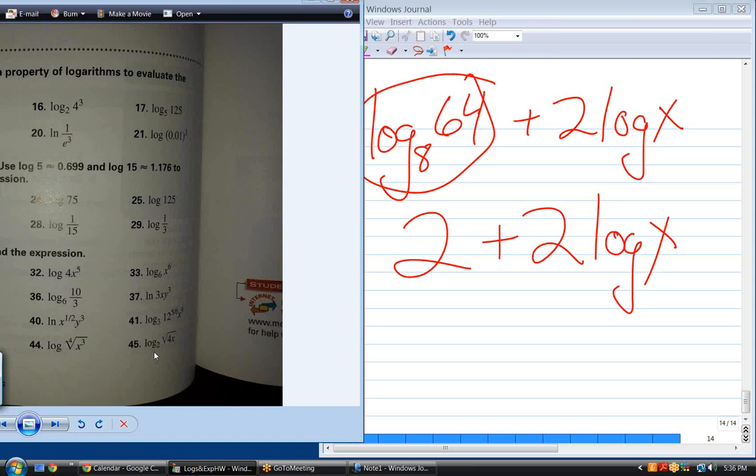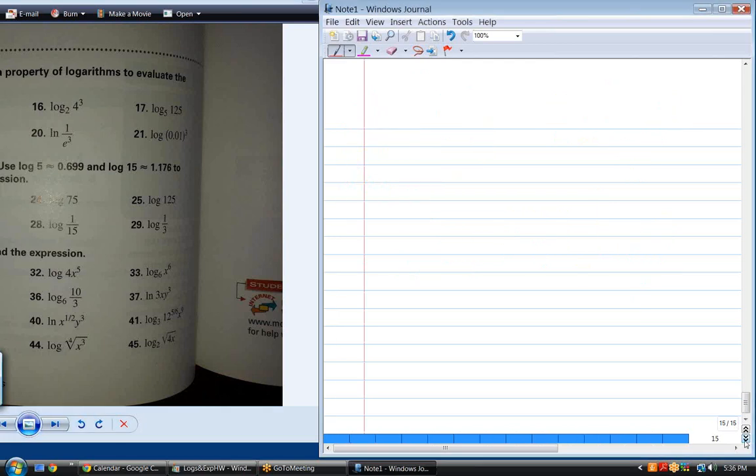Half log 4 plus half log x. Okay, we can simplify that. Let me write, hold on, let me find my cursor here. So, what did you say? You said half log base 2 of 4 plus half.